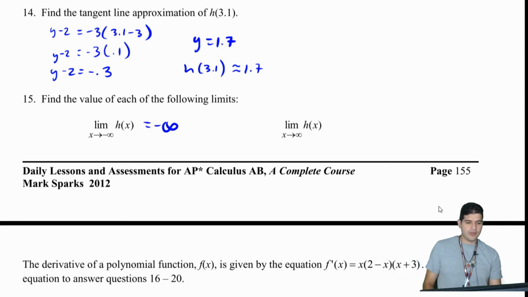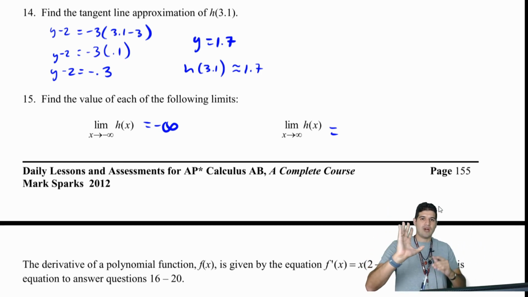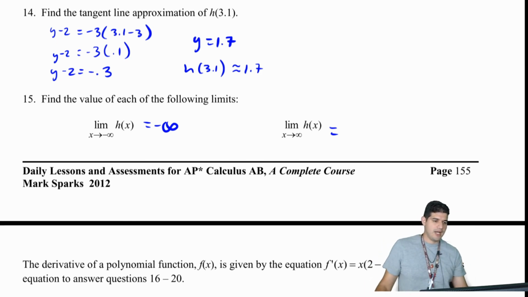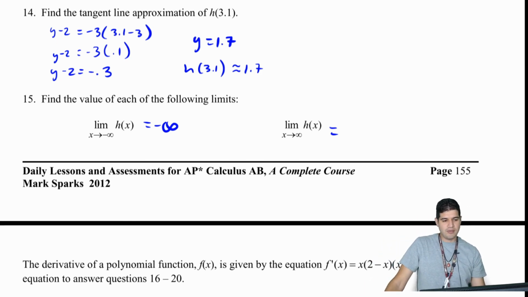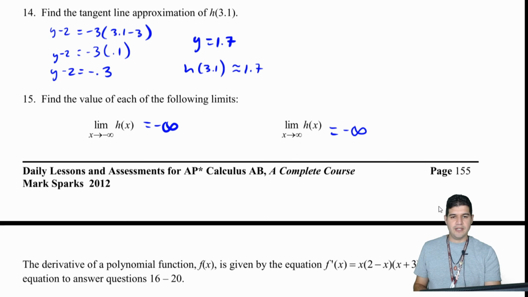And then on the right side, everything was decreasing. So if everything on the right side of the graph is decreasing, as I go to the right, my value for the limit comes out to be negative infinity as well. So negative infinity and negative infinity.